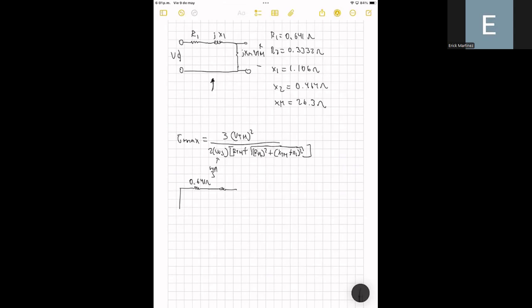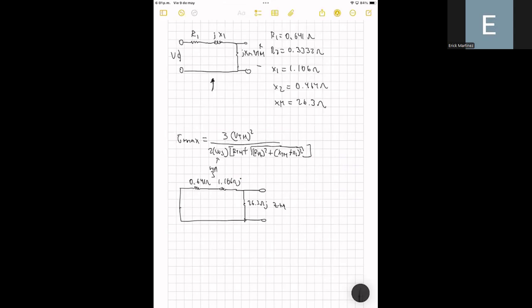Here we have the value of the inductor, X1, that is 1.106 J ohms. Here we have the magnetizing impedance, 26.3 J ohms. And we need to compute the Thevenin impedance in this part.